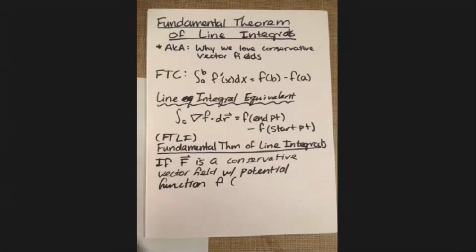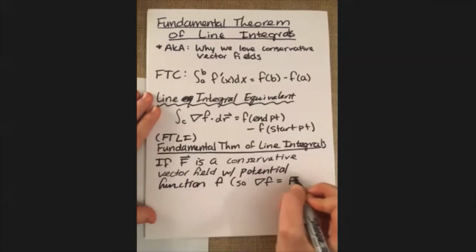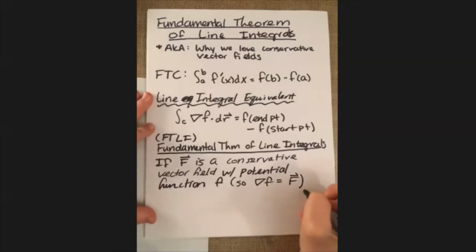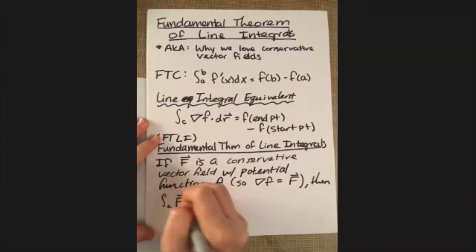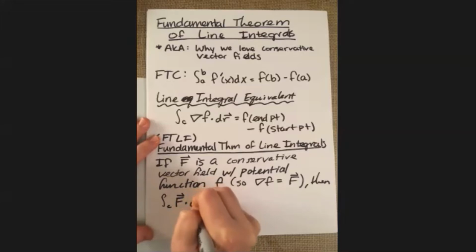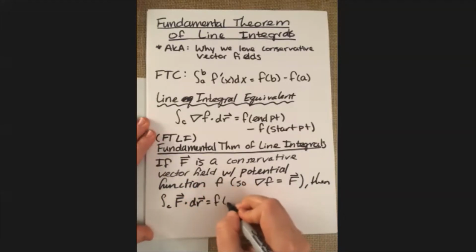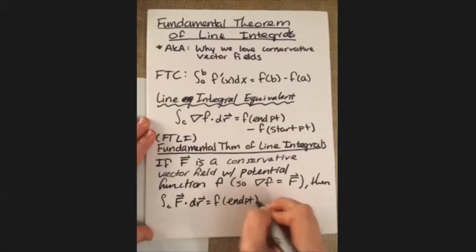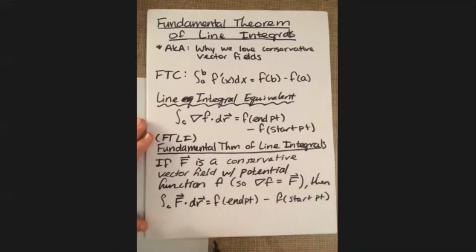The definition of this is that the gradient of little f is equal to our vector field. Then we have that the integral over the curve C of our vector field dotted with dr has to be equal to little f at the endpoint minus little f at the start point, for our curve C.